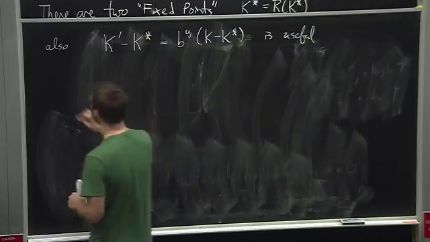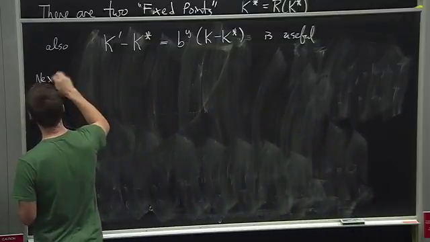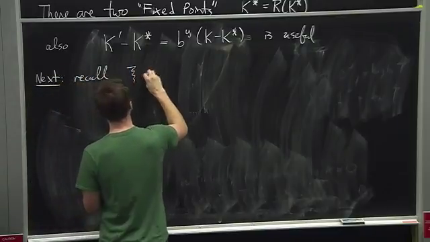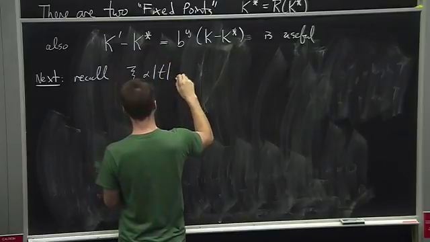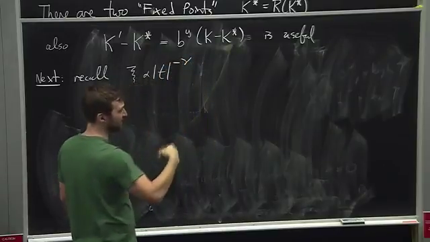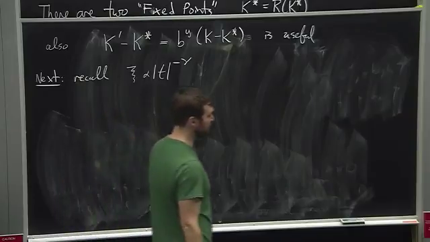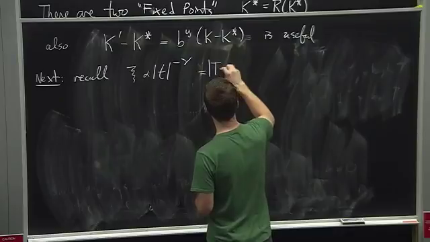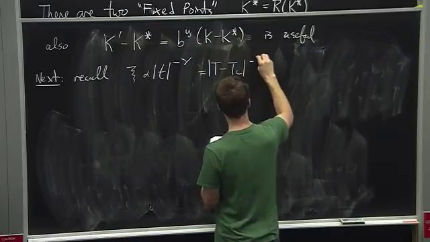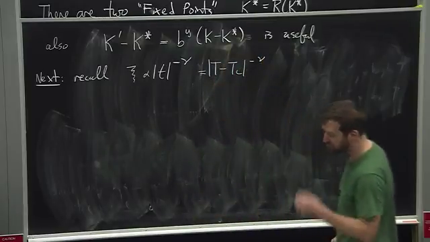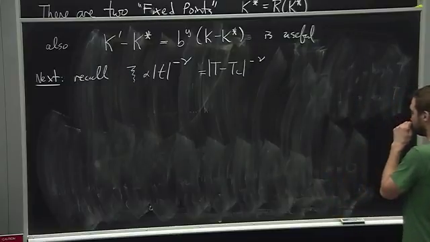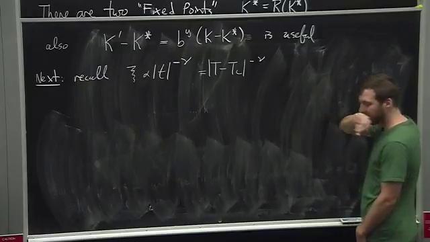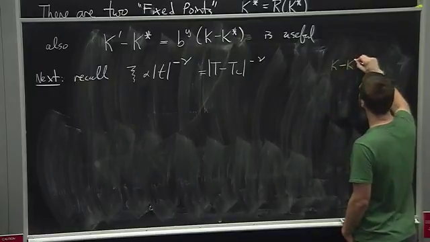Okay, so remember the correlation length? I'll say it's the reduced temperature to the minus nu, the scaling exponent. So the reduced temperature is just T minus Tc. Let me see if this works. I have K minus K star.